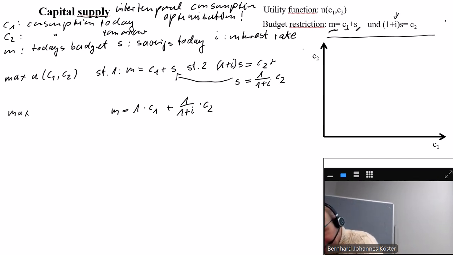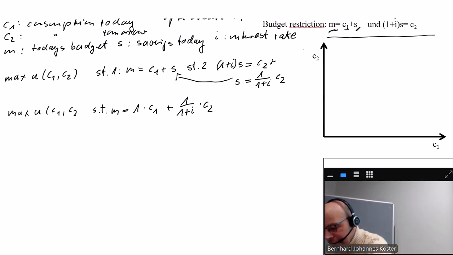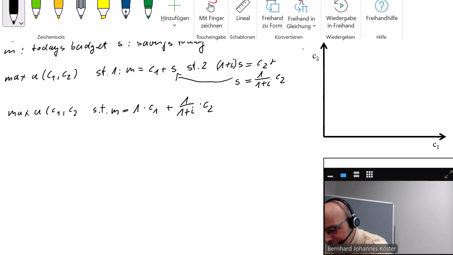Max U of C1, C2. And now I have only one condition. Let's compare this.